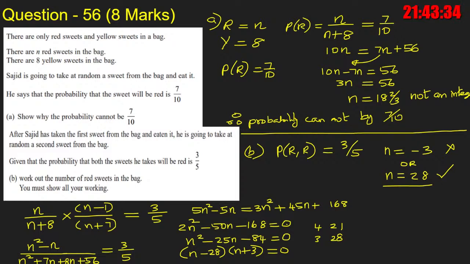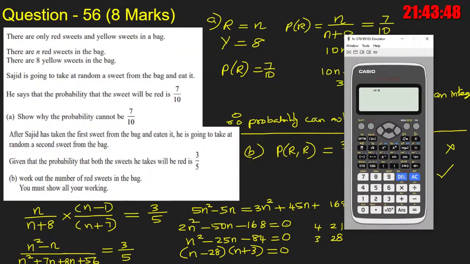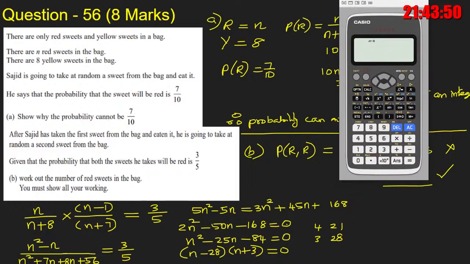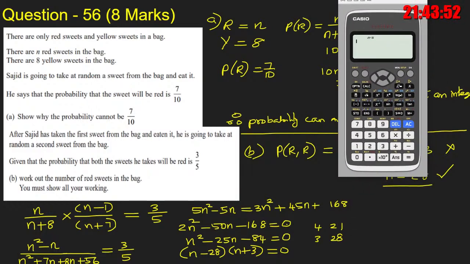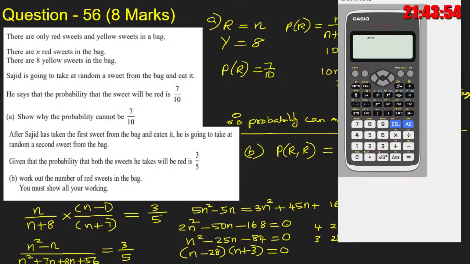I'm just going to show how I press the calculator to get the answer. Hope you understand. There's a tutorial in the description all about the calculator operation in GCSE. This is the calculator, the Casio 911EX.